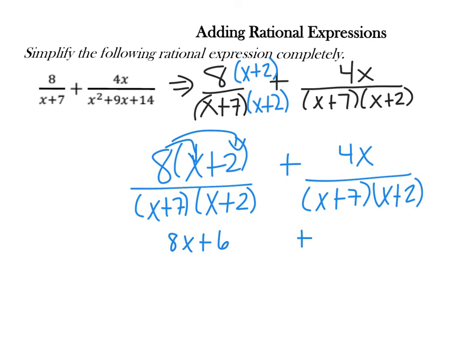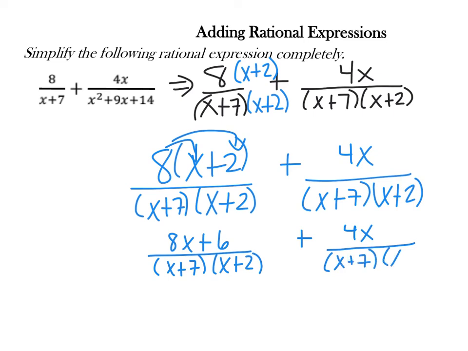Over here I have a plus 4x, over x plus 7, x plus 2, x plus 7, x plus 2. Now that I combine the numerators, I have 8x plus 4x, which gives me 12x plus 16 divided by x plus 7, x plus 2. And that is my answer.